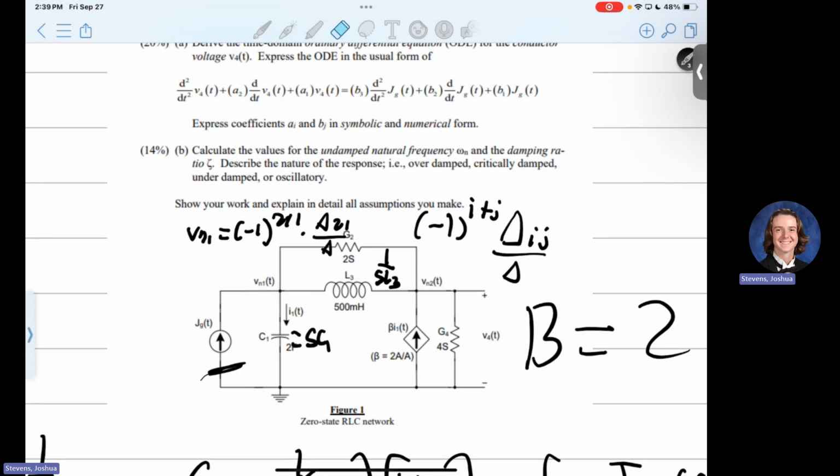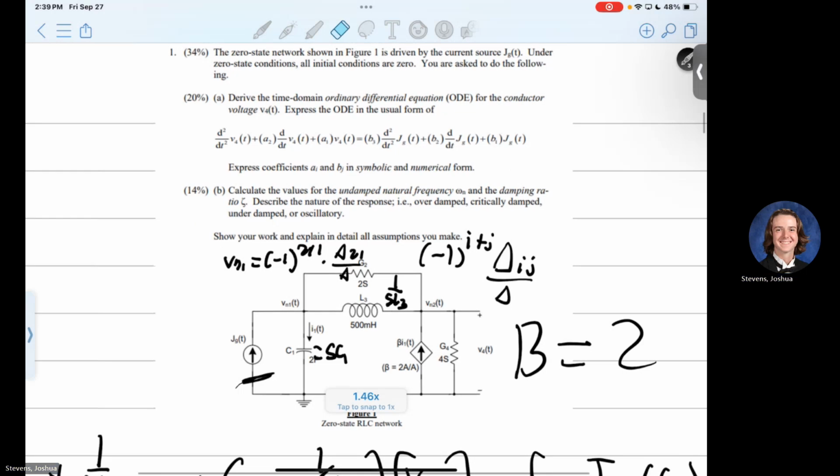Basically, we're trying to find damping ratio and omega N. Cool. That's the original question. You good, Brian? Cool.